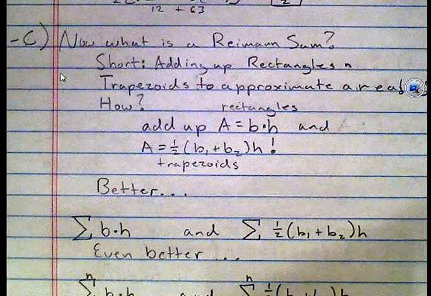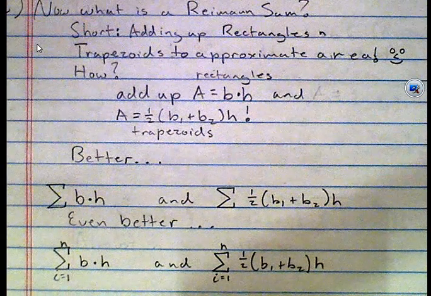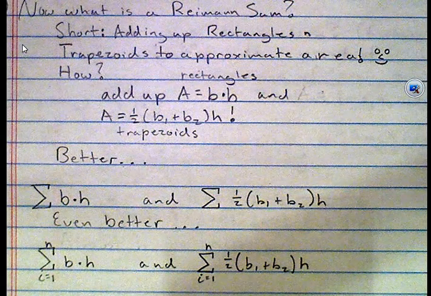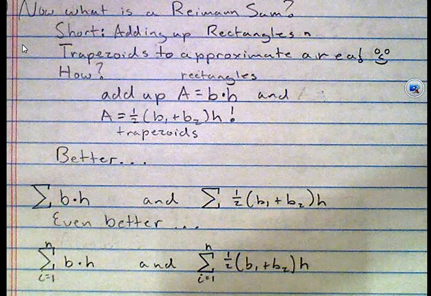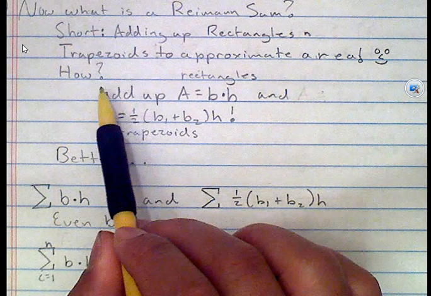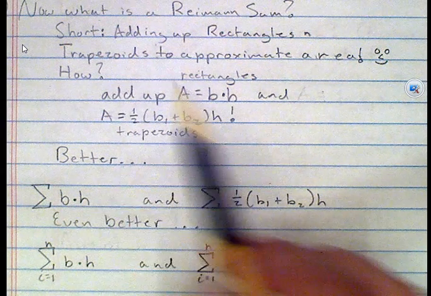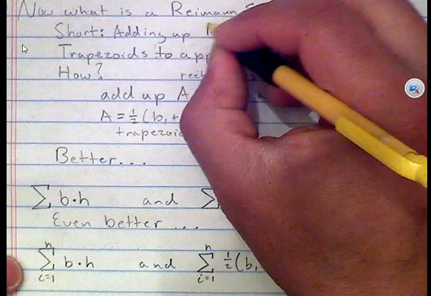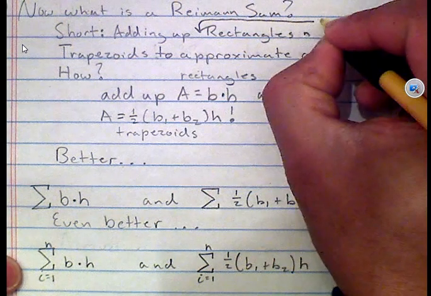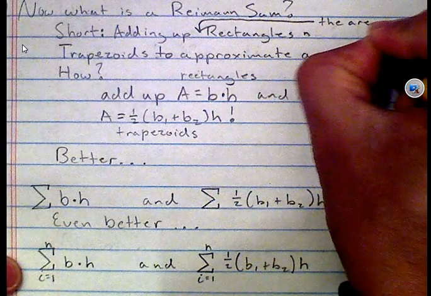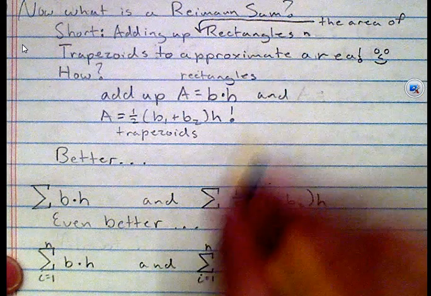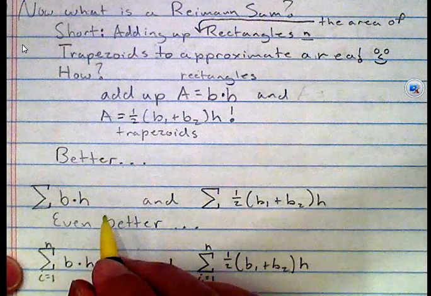What is a Riemann sum? We already talked about this. The short part of it is we're adding up the area of rectangles and trapezoids to approximate area.